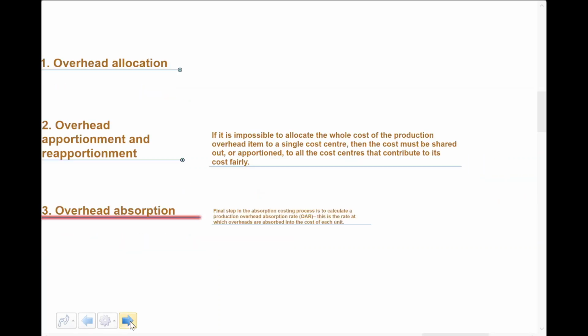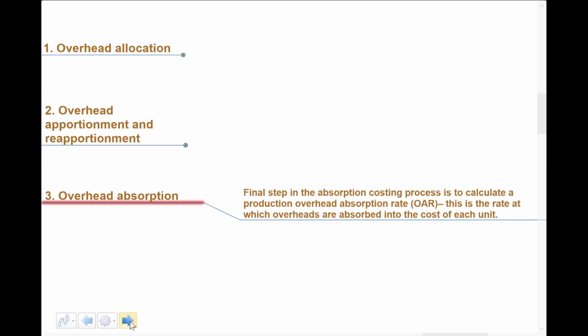So next area for us is overhead absorption. So really, here's the step where we say, well, overhead absorption process is to calculate some sort of production overhead absorption rate. Note OAR for short. So this is the rate at which overheads are absorbed into the cost of each unit, or the cost center, or a particular product.